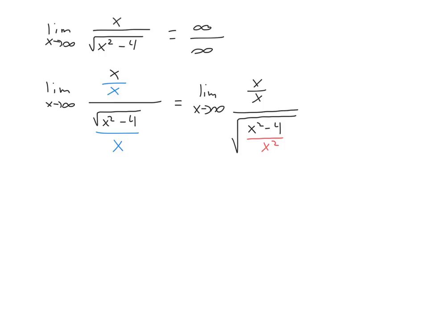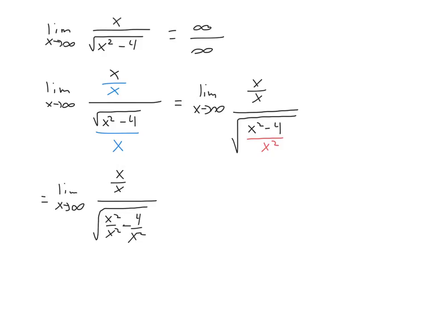So now I'm going to break that up. It's going to equal the limit as x goes towards infinity of x over x over the square root of x squared over x squared minus 4 over x squared.